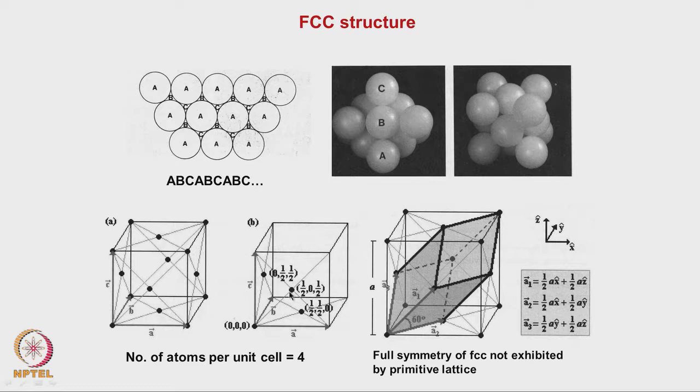So it is essentially all these three together: half half 0, half 0 half, and 0 half half. They are the ones that give the three lattice parameters corresponding to this trigonal lattice. This way we can construct it, and this has only one atom per unit cell, so it is a primitive unit cell. And this is the way we will be representing the coordinates of this lattice in terms of the FCC coordinates.